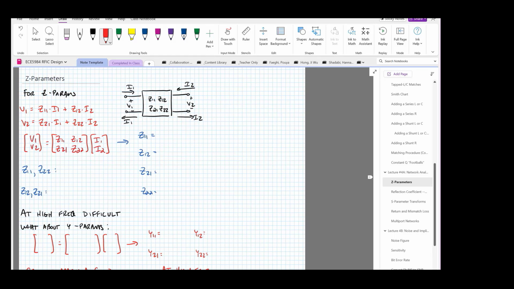If we want to find any one of these parameters, for instance Z11, we know that we need to eliminate Z12 somehow. Well, we can't eliminate Z12, it's intrinsic to the network. But what we can do is eliminate the stimulus that would trigger a response from Z12. So if we solve this upper part of the equation, we would find that Z11 is equal to V1 over I1 if we make I2 equal to 0.